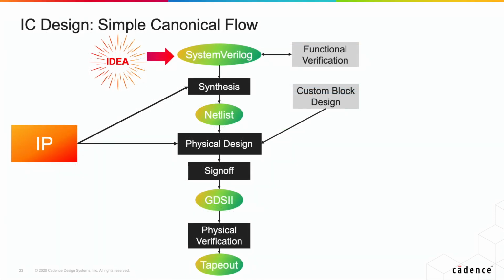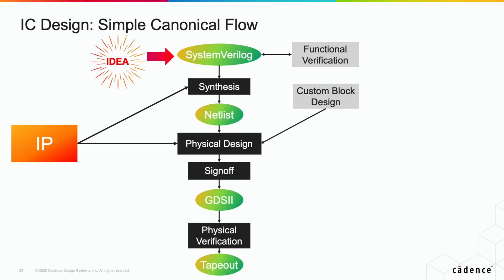So here's a very simplified flow of how design gets done. And if you're in engineering, you can put your hands over your eyes and pretend that this is totally unrealistic, which it is. So you have an idea, and in general what you do is you write down the idea in a way that we can actually manipulate it and build a chip from it, and there's a language used for that called SystemVerilog.